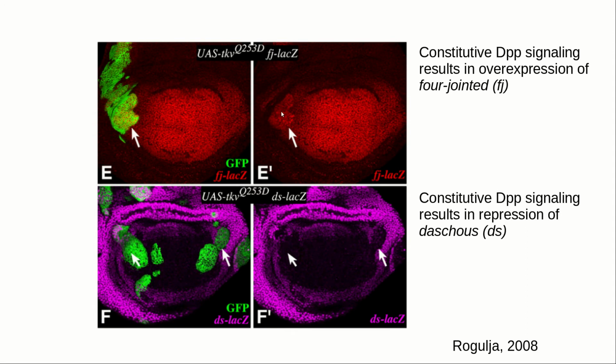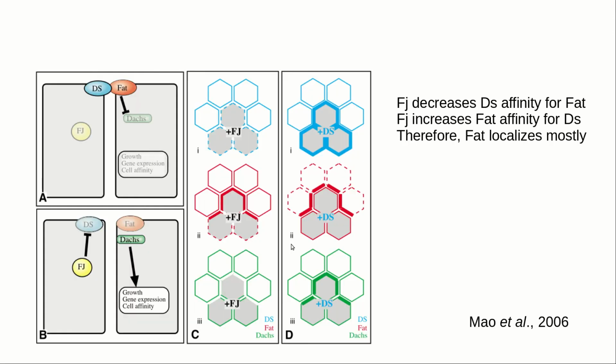If you have Dpp-overexpressing clones, which have a constitutively active Dpp receptor, Four-jointed expression increases in these clones, and Dachsous expression decreases.